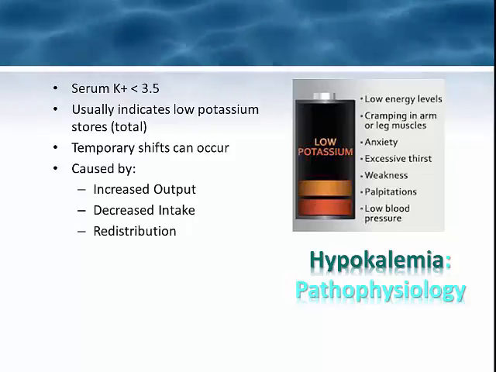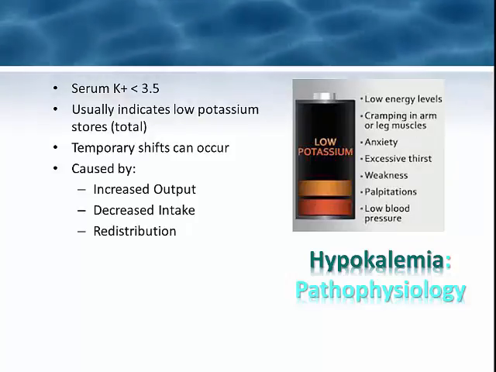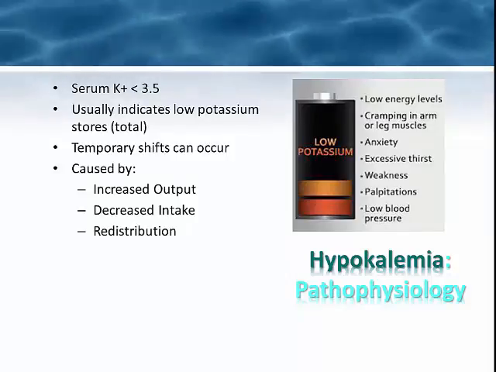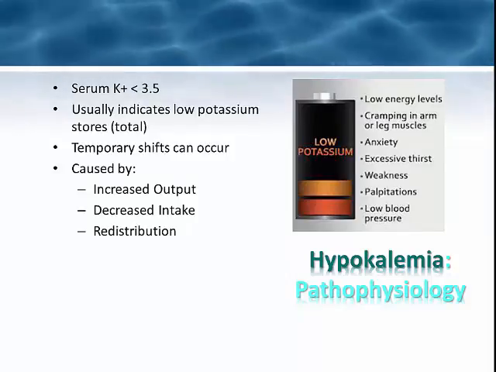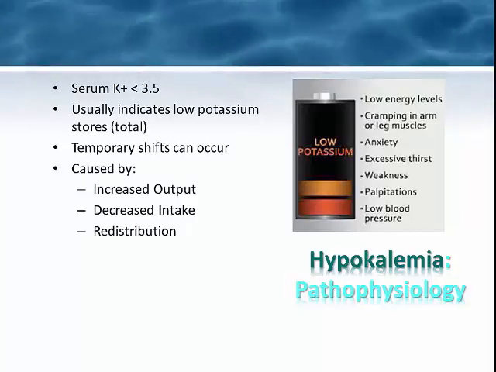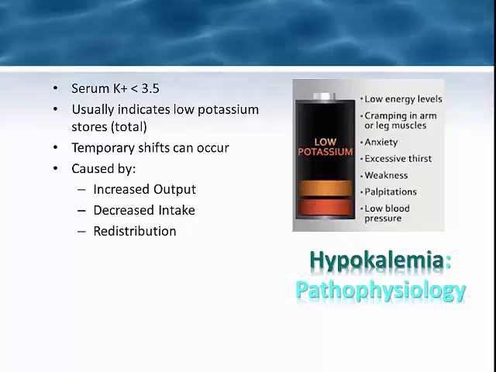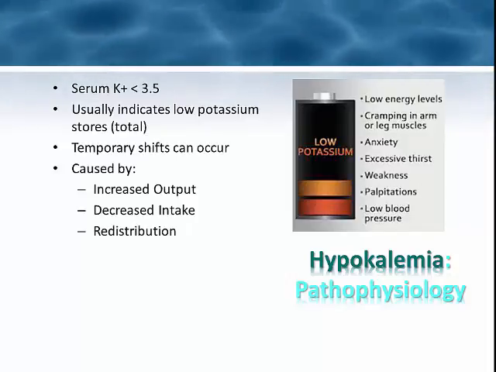Hypokalemia can also occur in cases of metabolic alkalosis, because the hydrogen ions move out of the cells to neutralize pH, and potassium moves into the cells to maintain electrical neutrality within the cells.